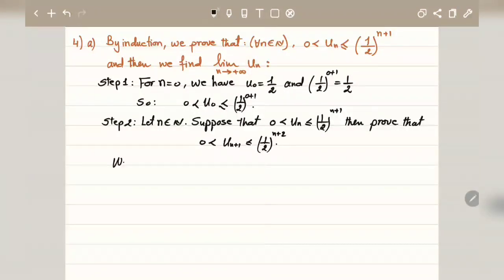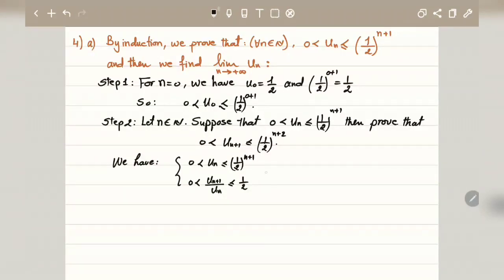Okay, we have un between 1/2 power n plus 1 and 0. And from question 3a, we have un plus 1 over un smaller than or equal to 1/2 and strictly positive.